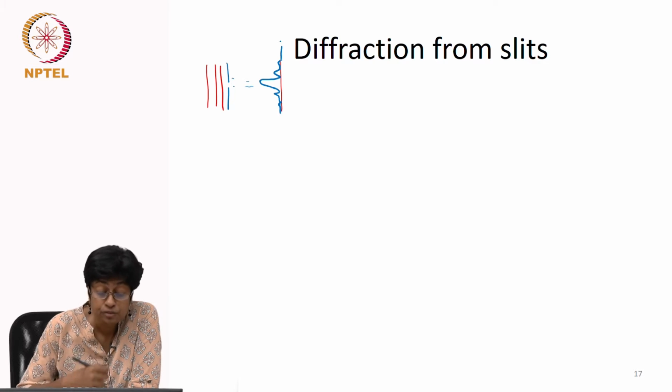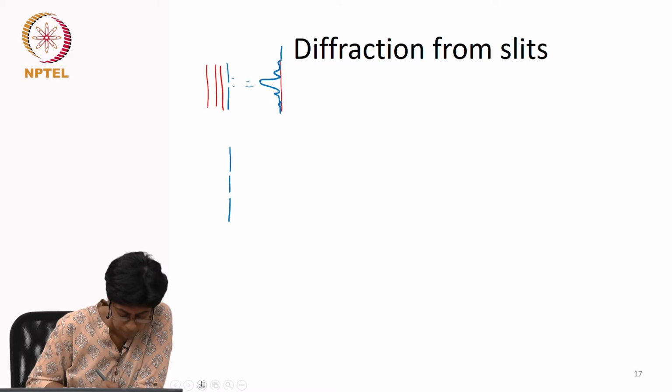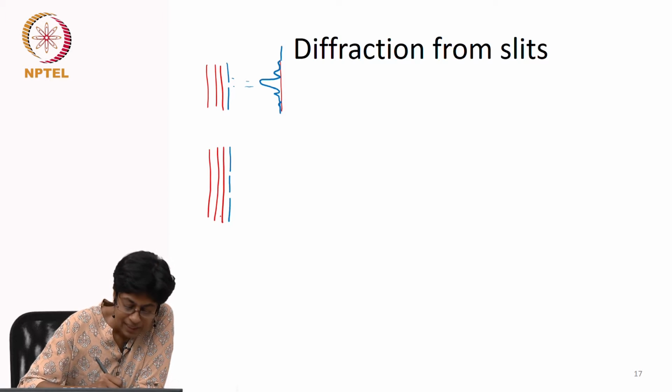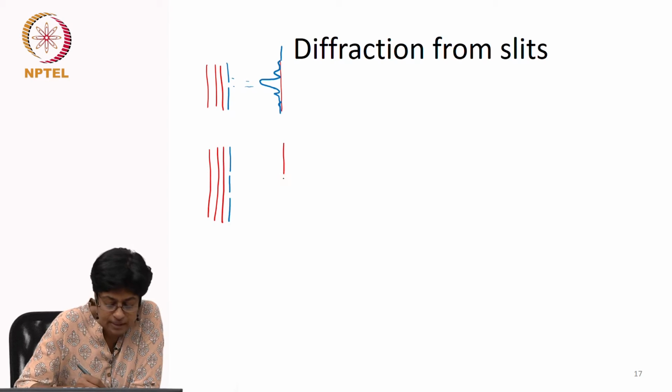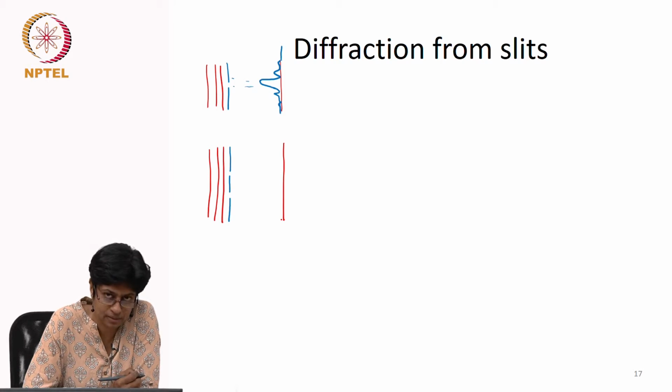If I now have two slits, and I have a plane wave incident, each of these slits will create a pattern like this. Therefore, what I see on a screen now is going to be the combination of those patterns, right?